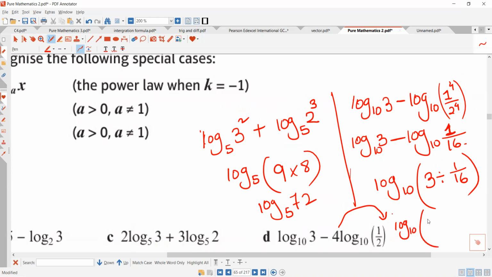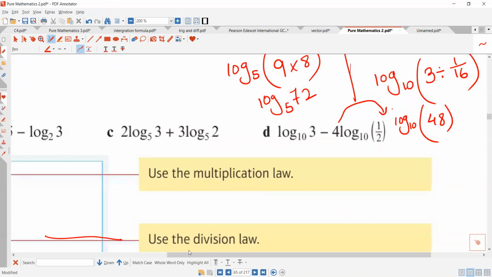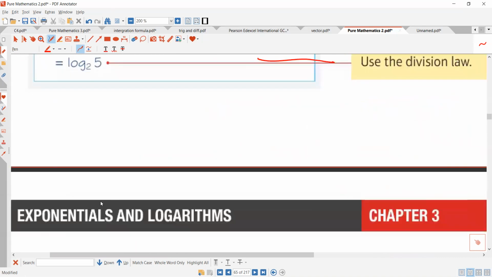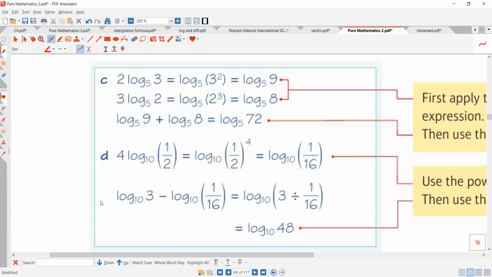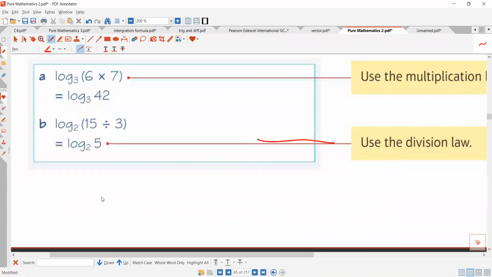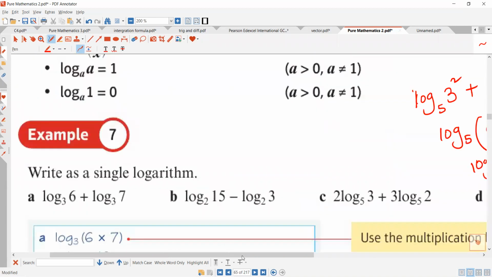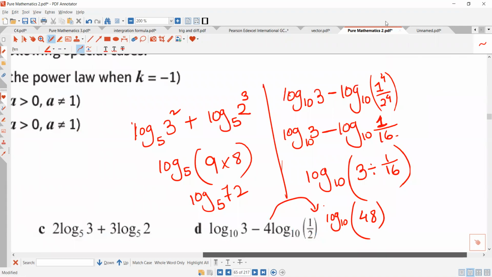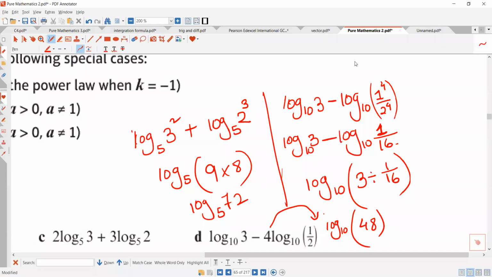Do the reciprocal. 3 into 16 is 48, because the reciprocal is going to be multiplication, 16 will come up. So I think log to the base 10 of 48 is my answer. Let's check. Yes, log 10 of 48. So everybody got it? Just write it down and do it on your own as well. Let me pause the recording.